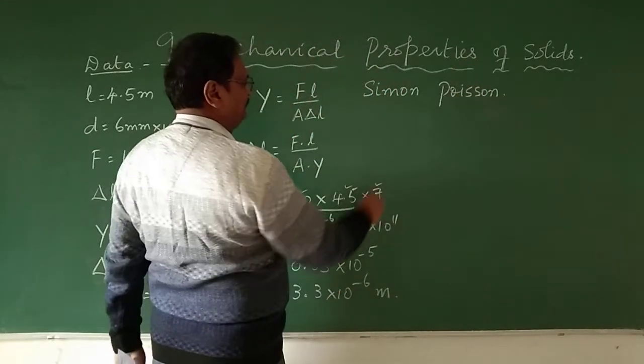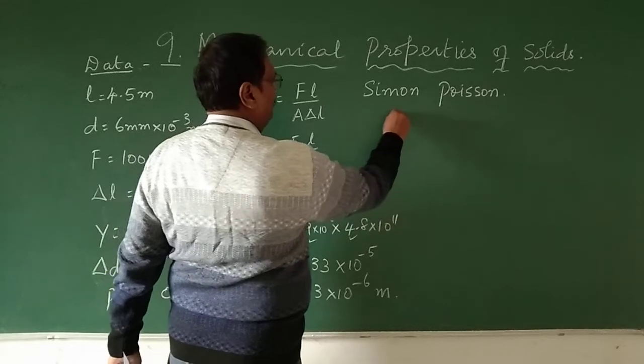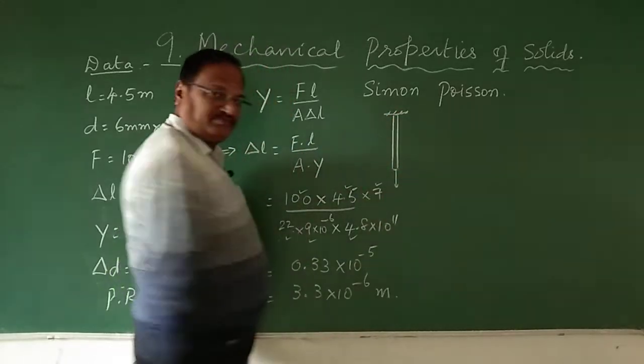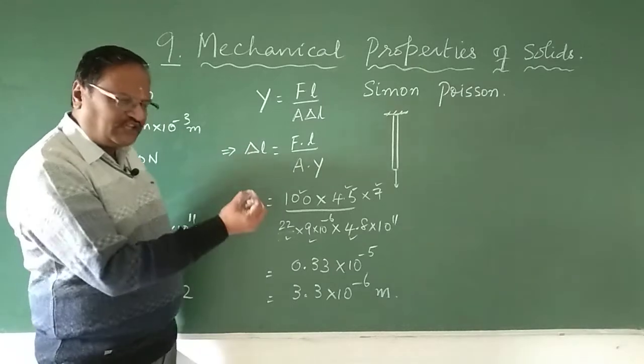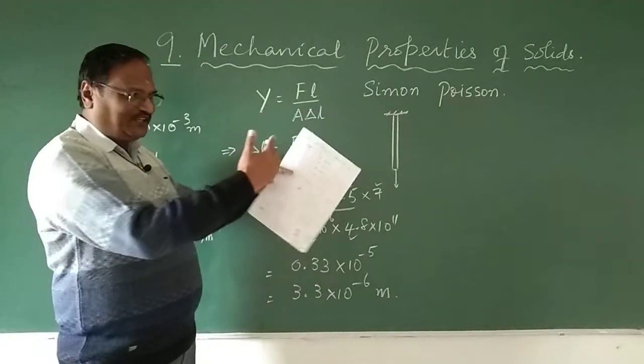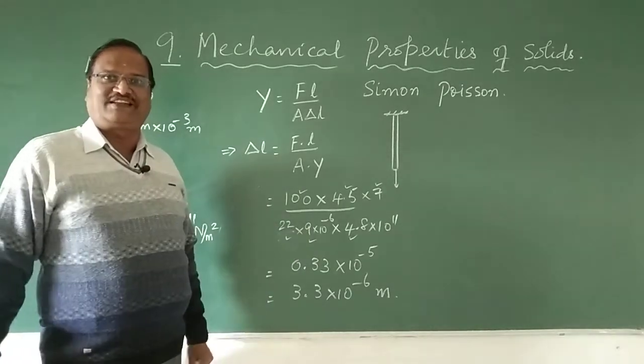What he said: you stretch a wire and you talk about the length changing. When the length is changing, take a rubber band, you pull it, even the area of cross section will change. In Ohm's law, we have studied that.